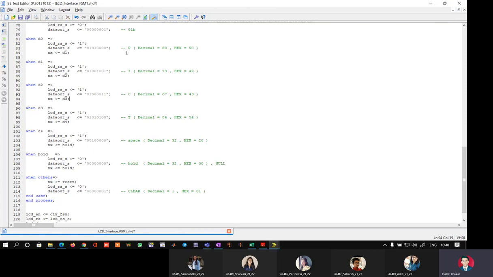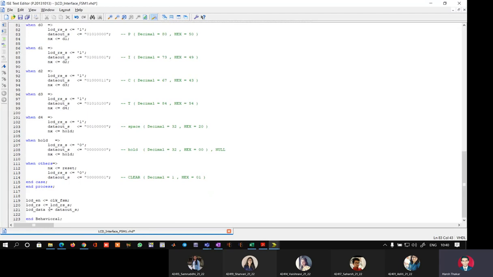Similarly, whichever character I want to display on the LCD display, I have written the equivalent hexadecimal code corresponding to the decimal value in the character chart. As you know, uppercase A, B, C, D goes from 65 to 90 and lowercase goes from 97 to 122. That same thing which you may have studied in your previous years, we have done here.